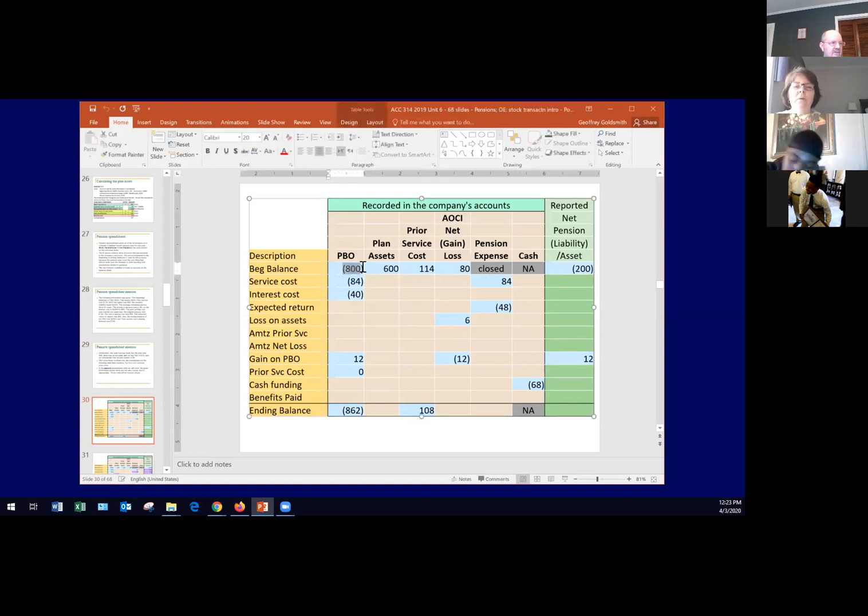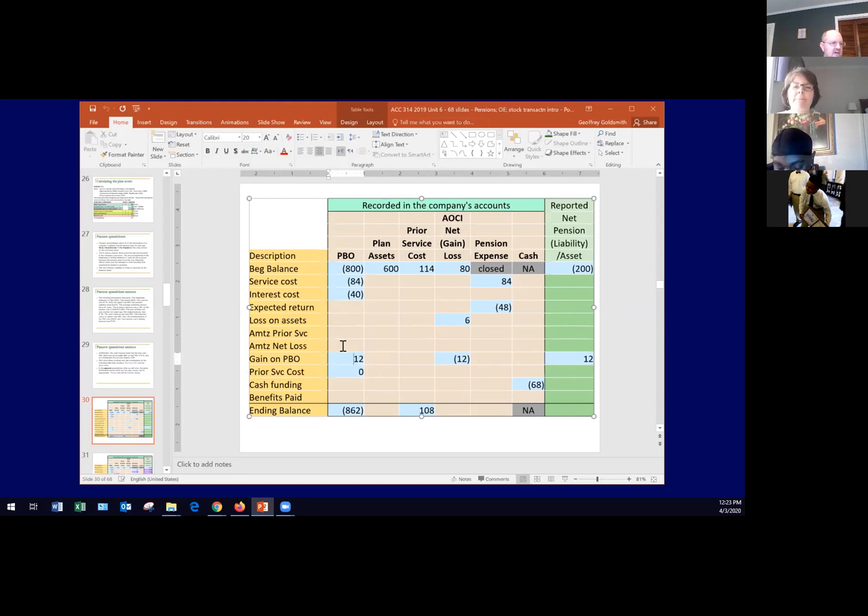Notice here that since it's a liability, they've set it as a negative number, and so the gain on the PBO is a positive 12. What that means is that something the actuary is using to make the calculations changed. And the actuary said, because of this changed assumption, you will owe $12 million less than we had previously calculated. So that goes into the AOCI net gain column.